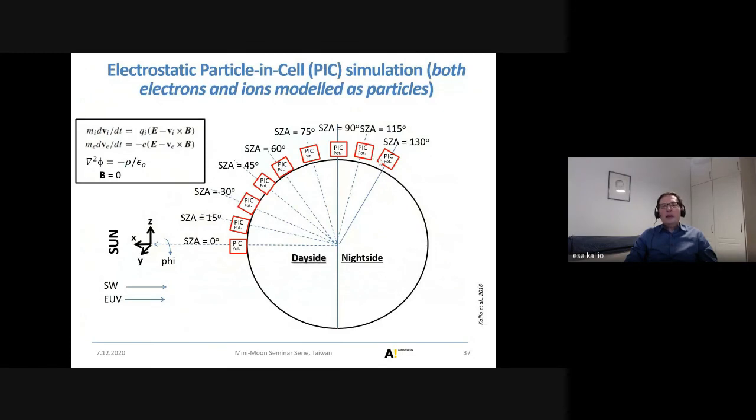Actually, you can make this kind of simulation, investigate these small regions, make a small particle-in-cell simulation, and investigate how the properties in this photoelectron sheath or Debye sheath are changing when you change your solar zenith angle.